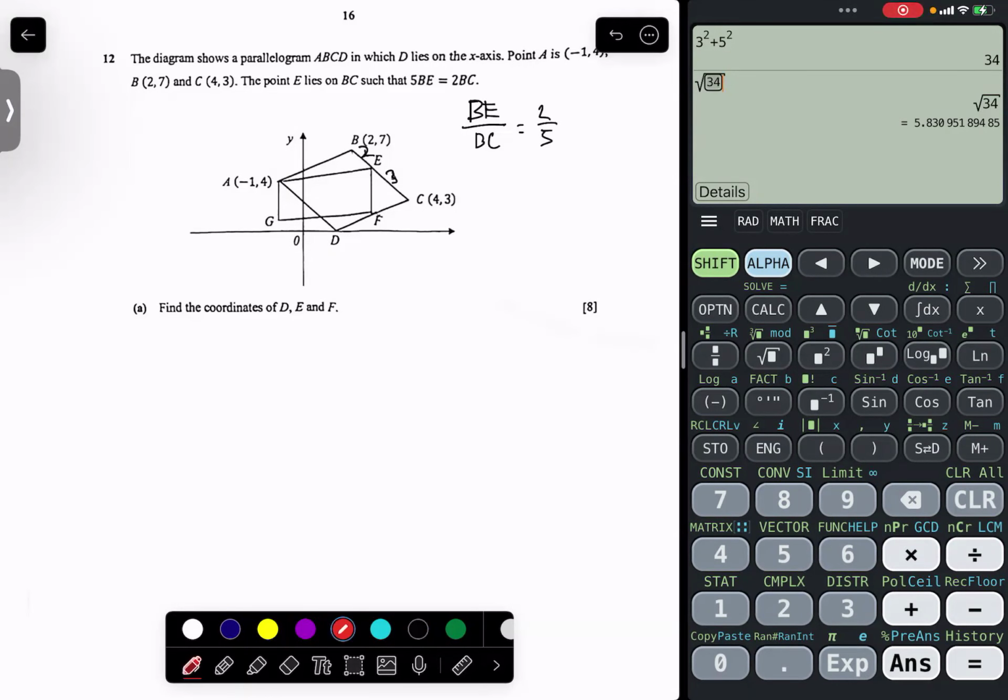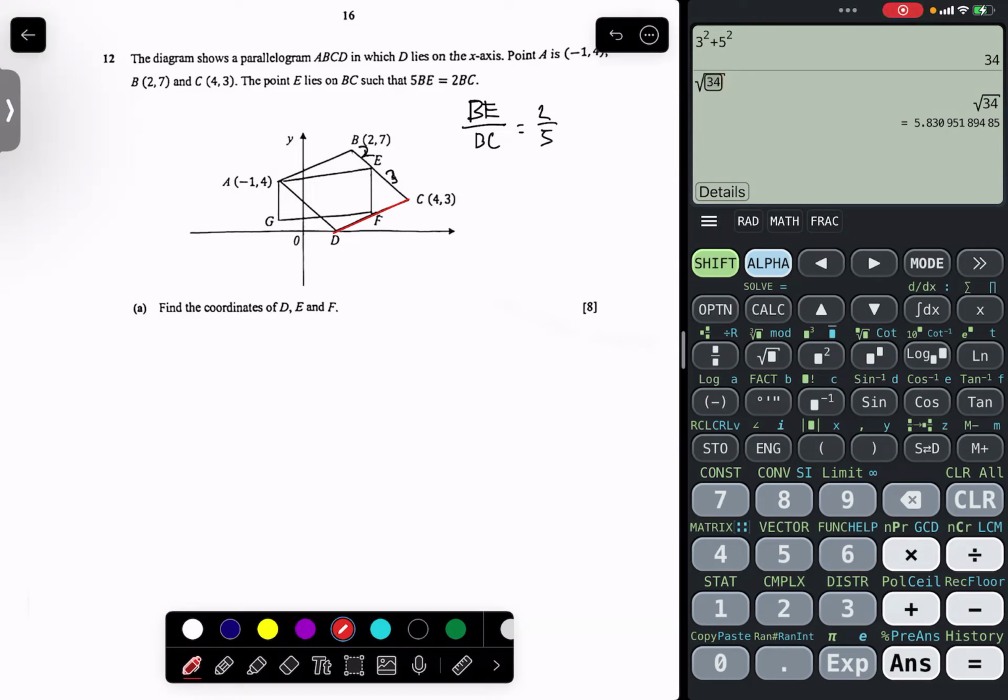Let's see. Find the coordinates of D, E, and F. I think for sure we can find out what D is. So in this question, what I'm using here is actually vectors, from E-Math. Everyone takes E-Math, so we can use vectors for it.